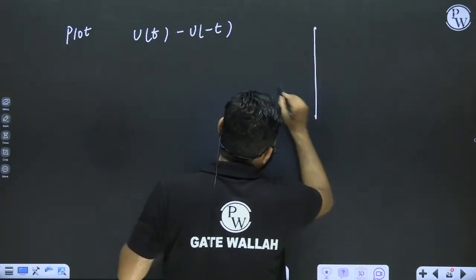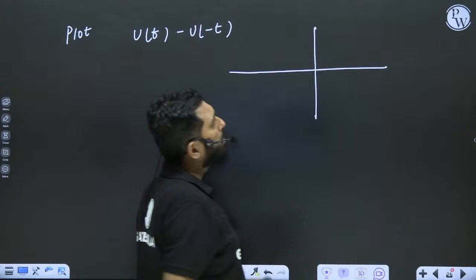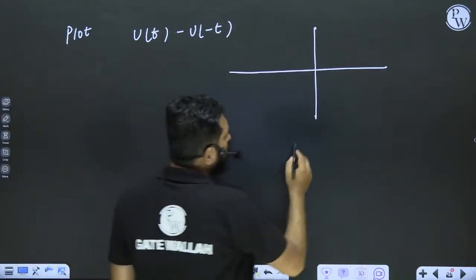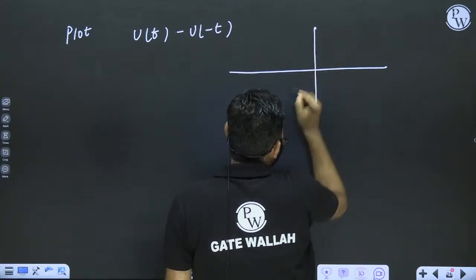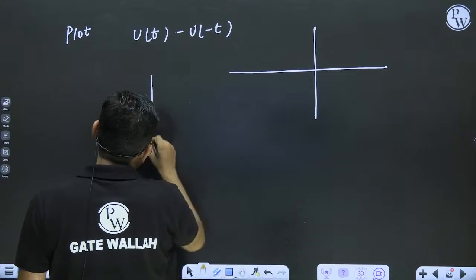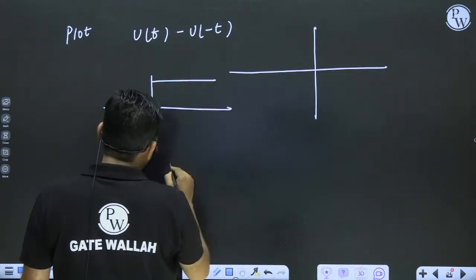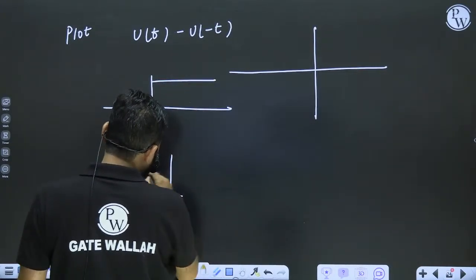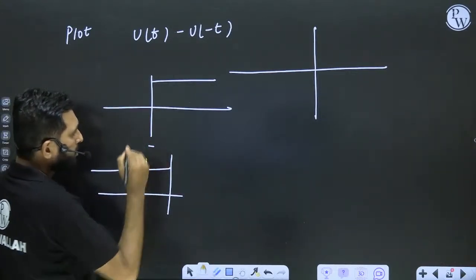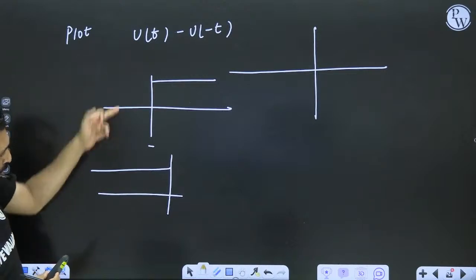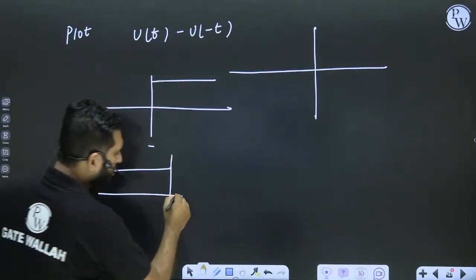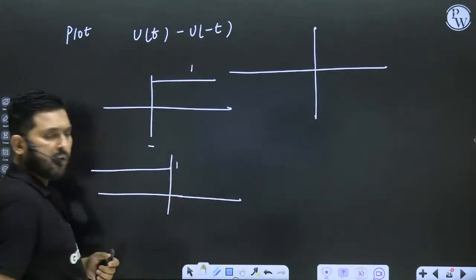In this case, see here, u(t) is this function and u(-t) is this function. And when you subtract this function, then 0 minus 1 becomes minus 1, and 1 minus 0 becomes 1.